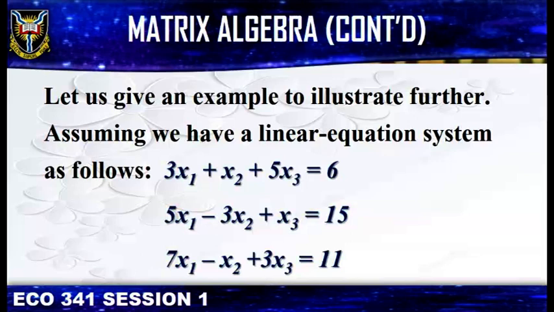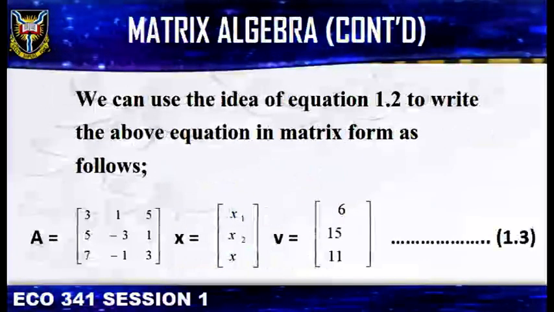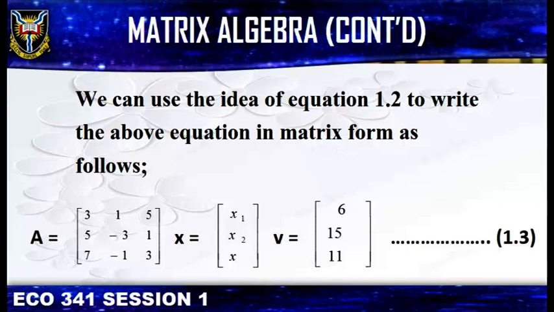3x1 plus x2 plus 5x3 is equal to 6. 5x1 minus 3x2 plus x3 is equal to 15. 7x1 minus x2 plus 3x3 is equal to 11. We can use the idea of equation 1.2 to write the above equation in matrix form as follows.